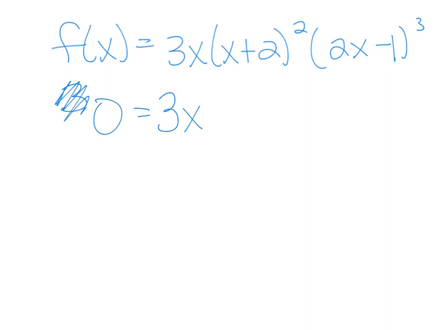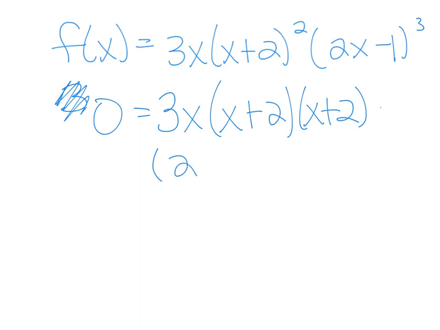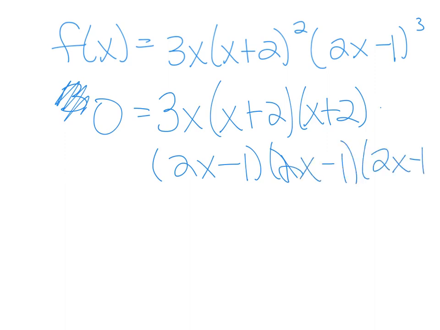So we have 3x times (x plus 2) times (x plus 2). I'm going to run out of room here, but I also have 3 factors of (2x minus 1). Sorry for the weird 2 here.